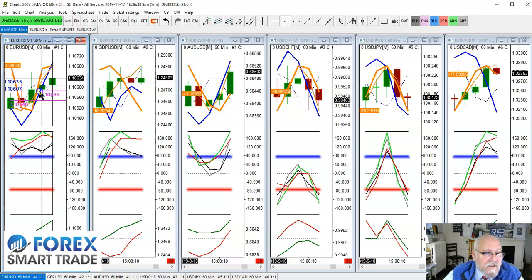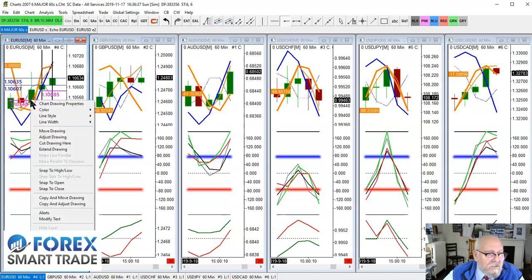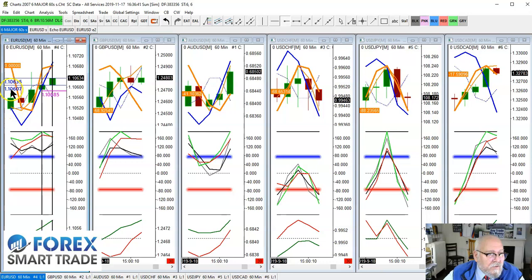And actually I screwed this guy up, so I'm going to just fix him because he moved a little bit. So 1067, so I'm going to go to 1055.